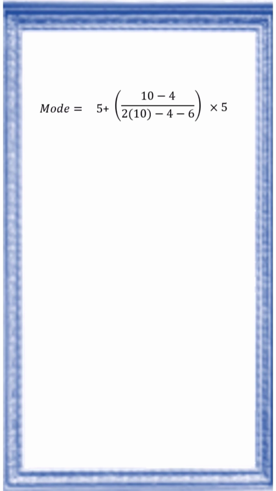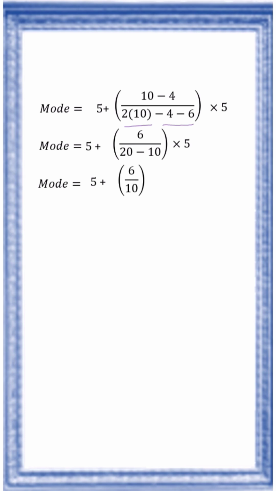Now let us simplify. 5 plus (10 minus 4 is 6) upon (2 into 10 is 20, minus 4, minus 6 is 10) into 5. So mode is equal to 5 plus 6 upon 10 into 5.